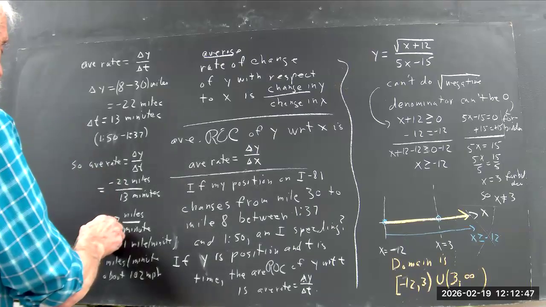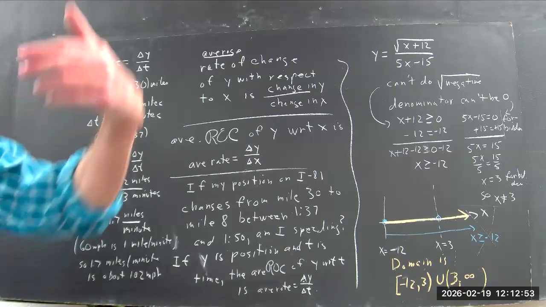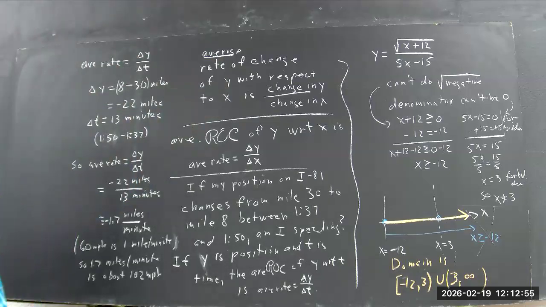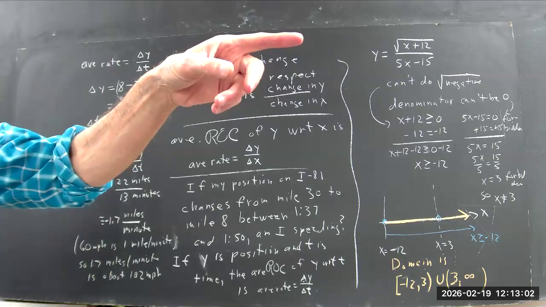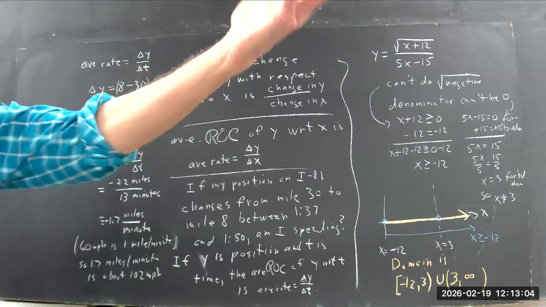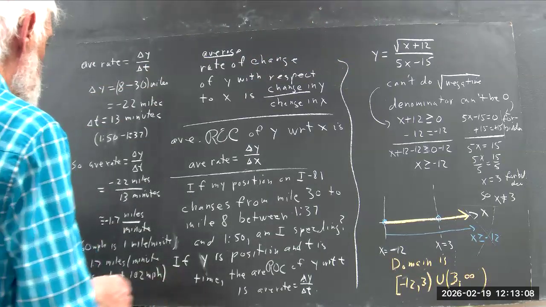Now, one thing I neglected here, it's negative 1.7 miles per minute. That doesn't mean you're going backwards. That just means you're going from higher miles to lower miles. You're going south on the interstate. That's what the negative means, because north on the interstate, the mileage would be going up, right? So that's just an example of the average rate of change.